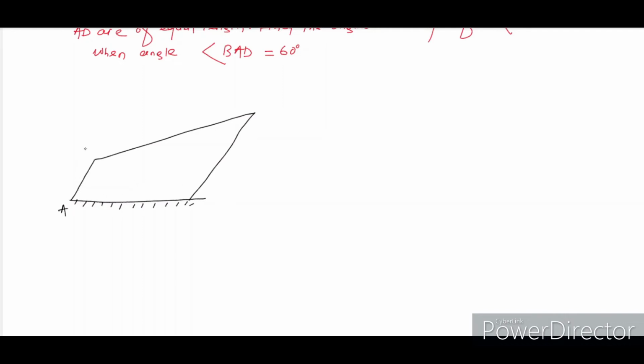So A, B, C, D, and this angle is 60 degree, and AB is given as 40 mm. Then CD is given 80 mm, and BC and AD are of equal length.